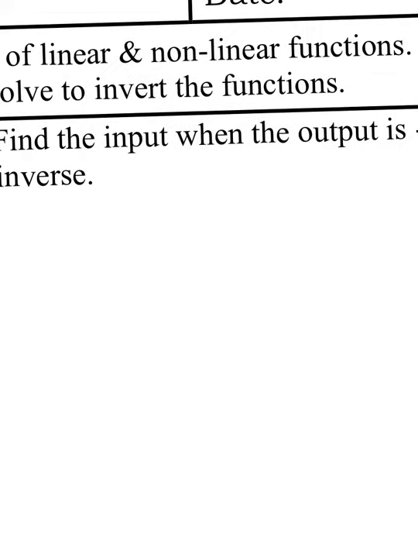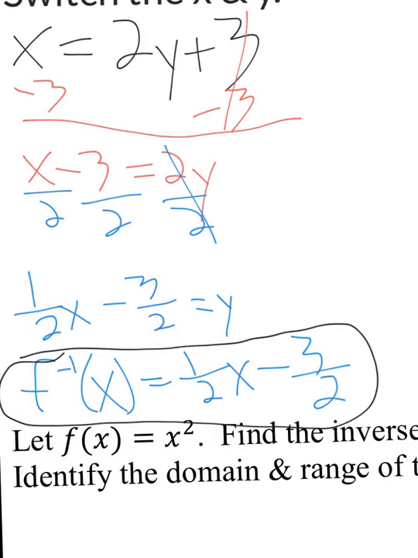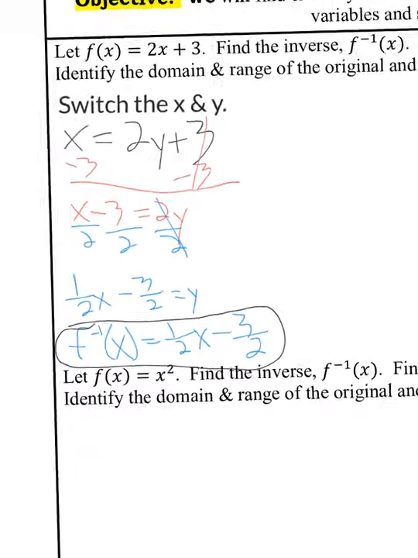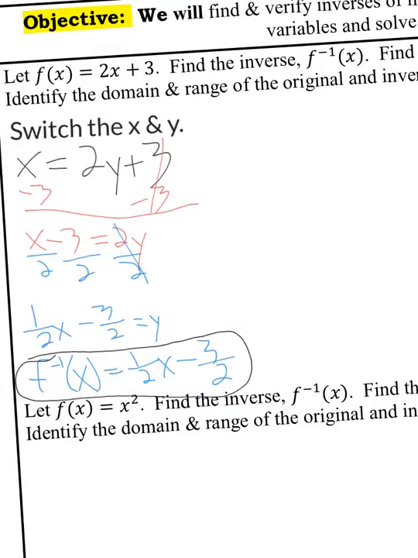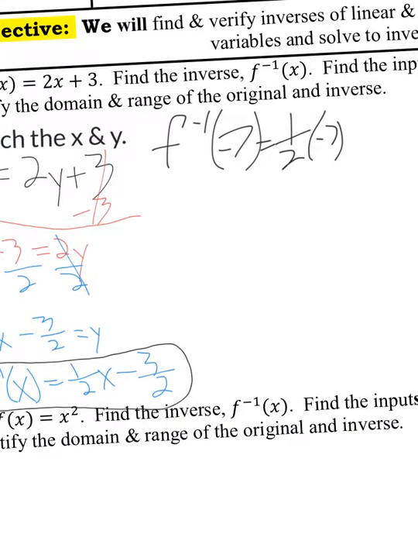But here, we're just going to plug in negative 7 into the inverse, and then we'll get our answer. So it's worded kind of confusing, but the math itself is really simple, okay? So we're just plugging in negative 7 for x, even though it says y, it would be for y in the original.